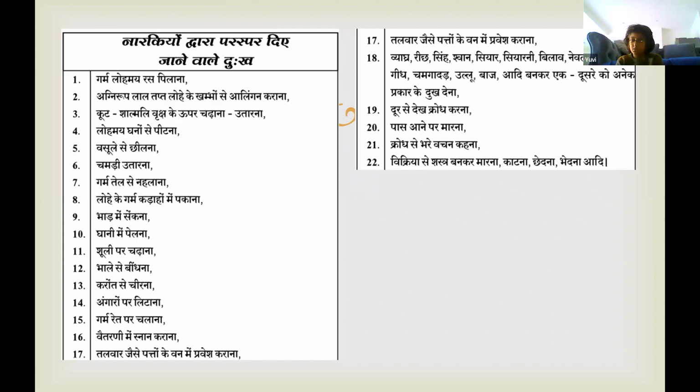Then this one, 18th one says Vyaghra, Reach, Sih, Shwan, Siyar, Siyarani, Bilav, etc. बनकर एक दूसरे को अनेक प्रकार के दुख देना. So one narki will become like another animal, and then will hurt you, will make you die, or will try to make you die.